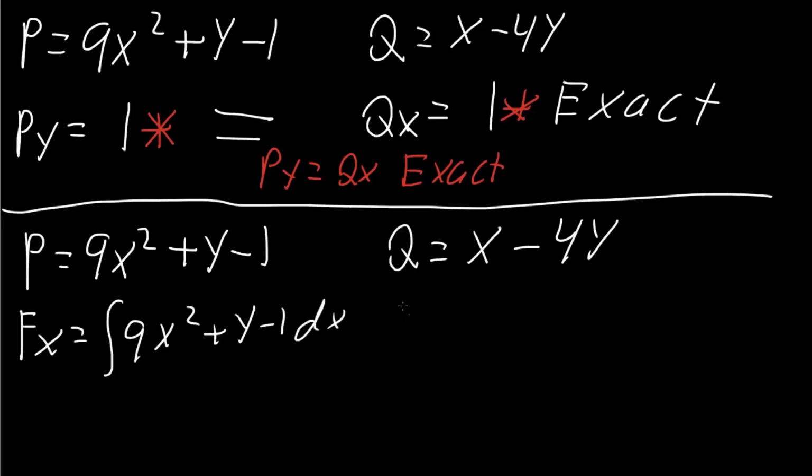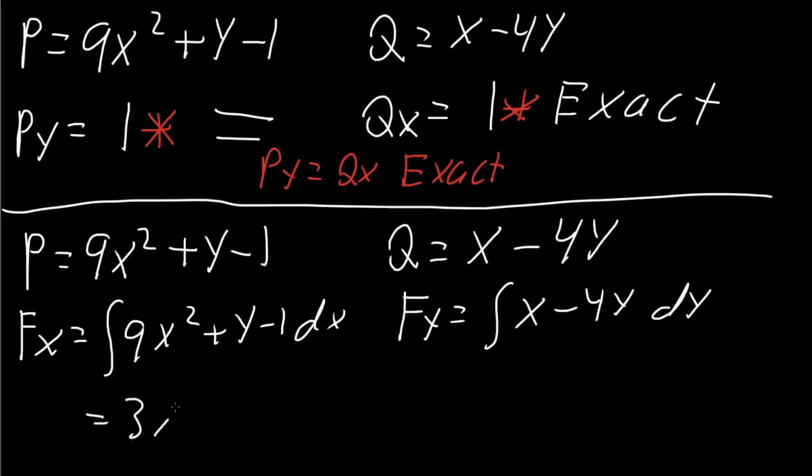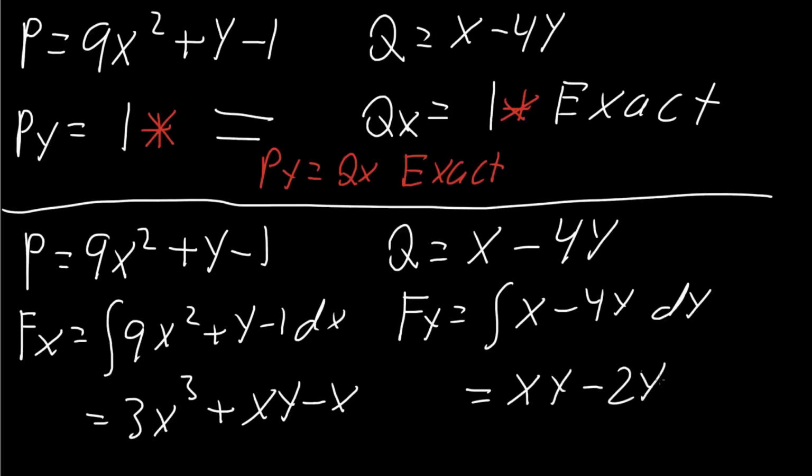And now we do the integral of q in terms of y. So that's going to be integral of q, so x minus 4y dy. And so the integral of this in terms of x would produce 3x cubed plus x times y minus x. And the integral of this in terms of y would produce xy minus 2y squared.